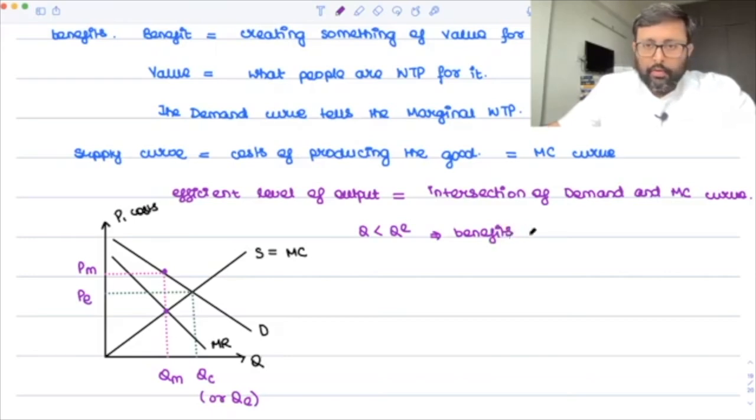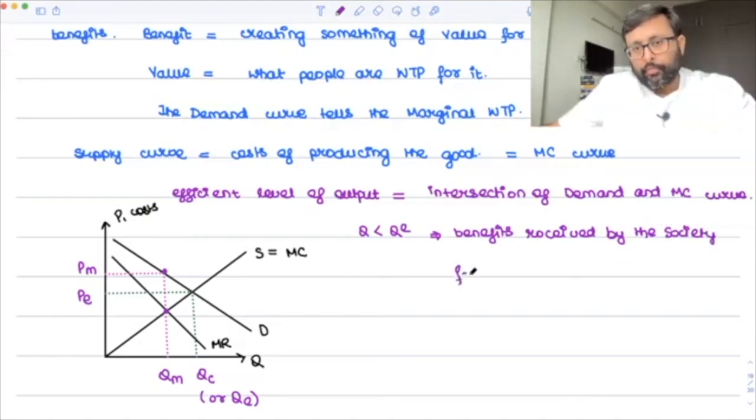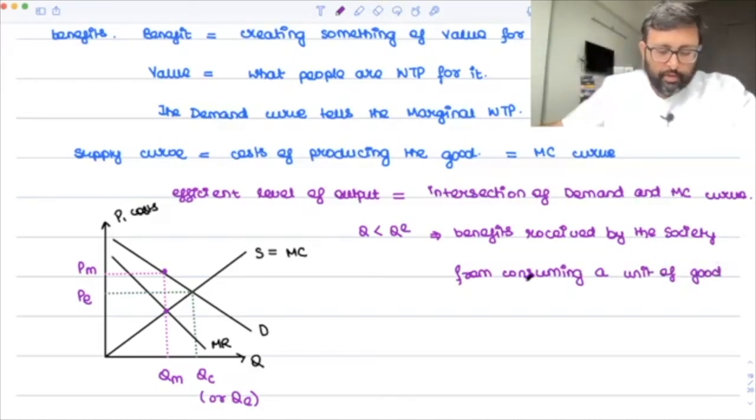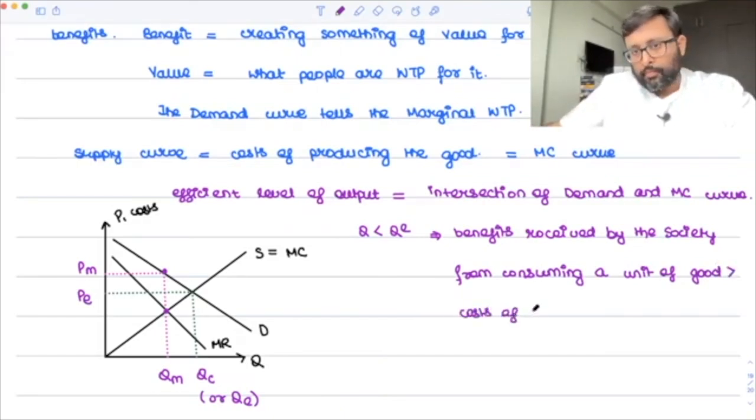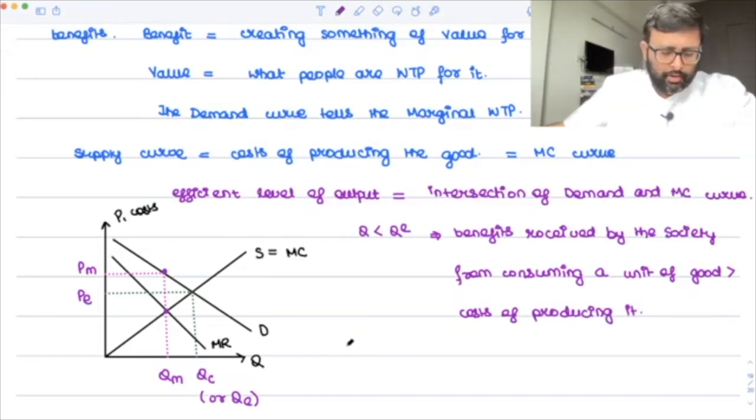Benefits received by the society from consuming a unit of good are greater than the costs of producing a unit of the product, right?